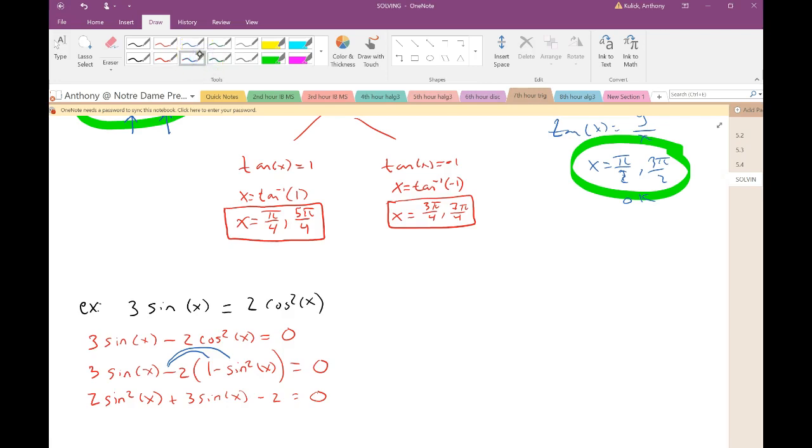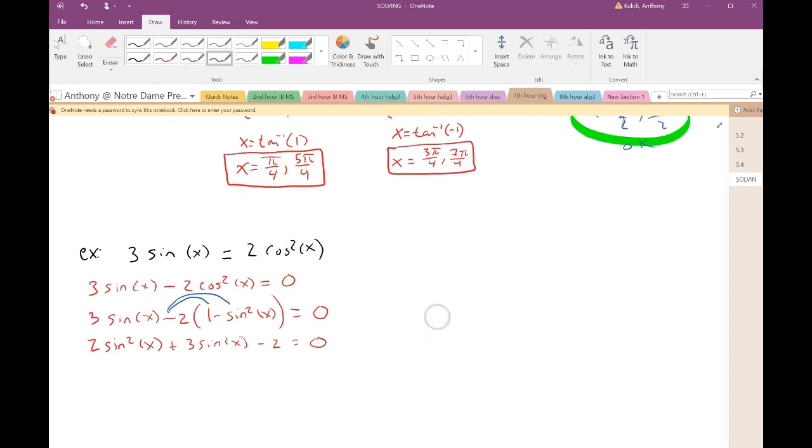And if we look at this now, this kind of looks like something to me, right? That if I pretend that sine is equal to y, this thing looks like a quadratic equation, right? Everybody's good to that?